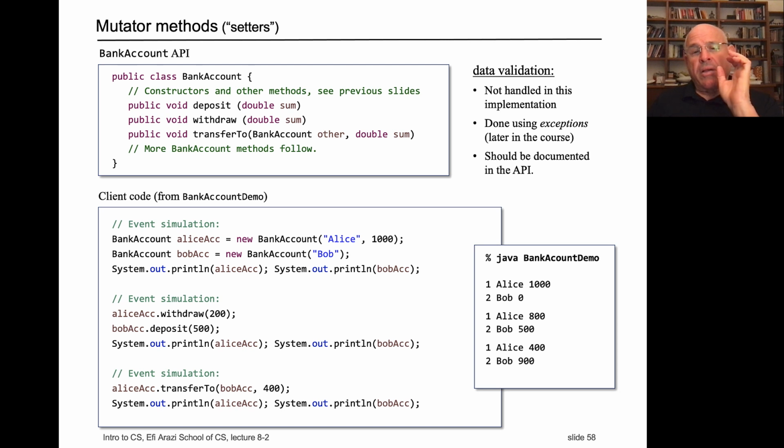And by the way, just as a comment, in this example, we don't do any data validation. We don't check if you went beyond your credit line. We don't check if you enter valid values.